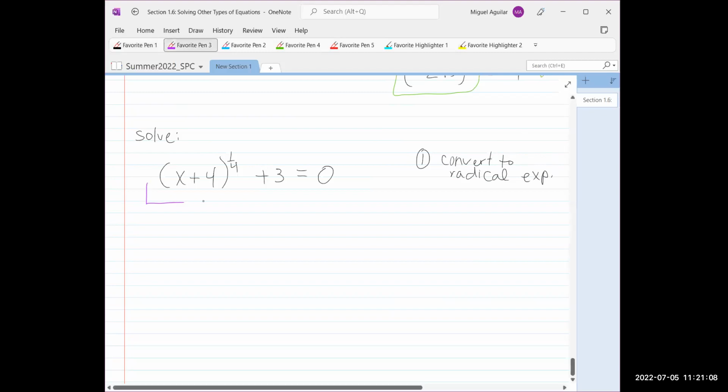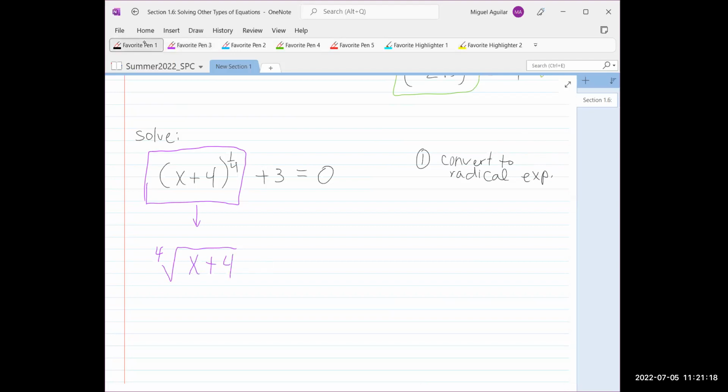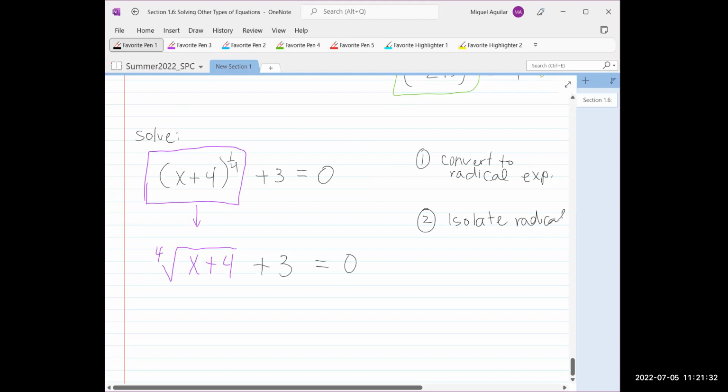So something like this that has that fractional exponent, we could write that as the 4th root of x plus 4 plus 3 equals 0. And then you're just solving a radical equation, right? So now we need to isolate the radical by subtracting 3 over to the other side.